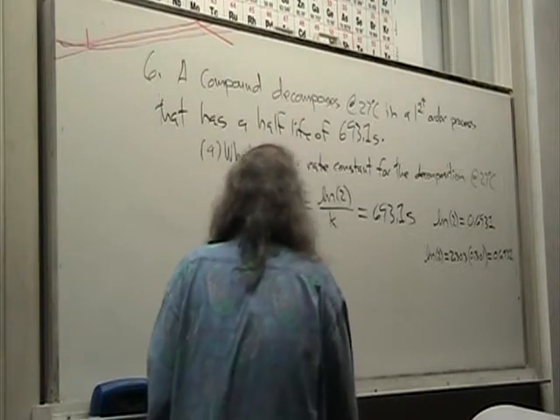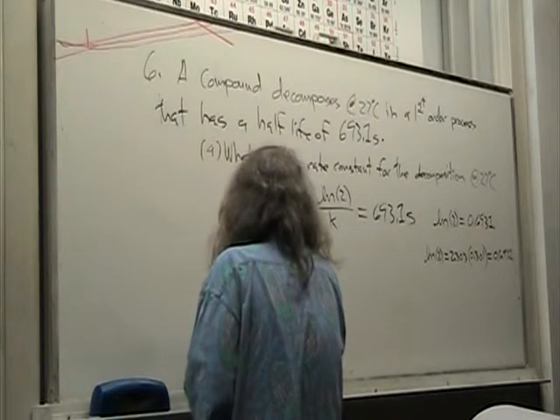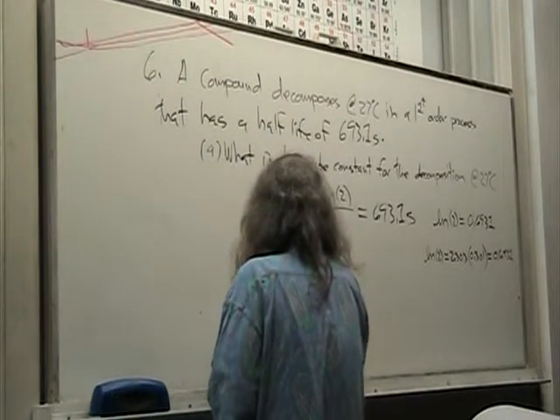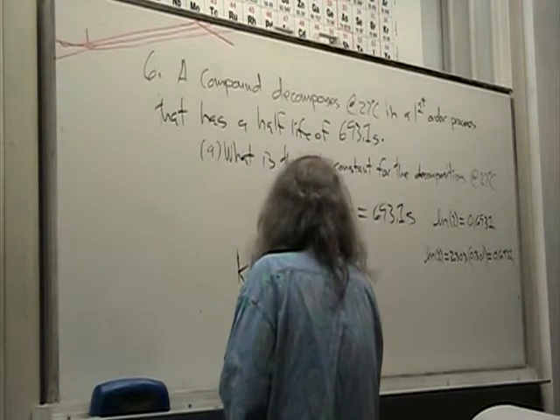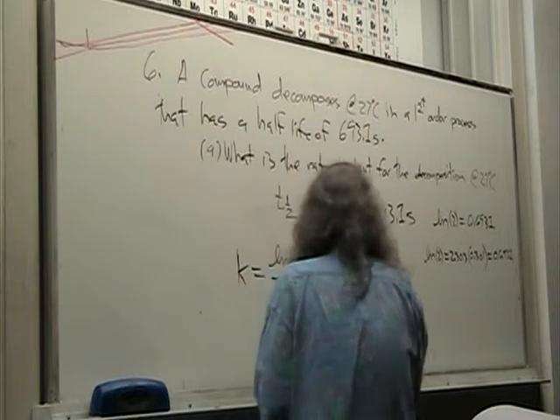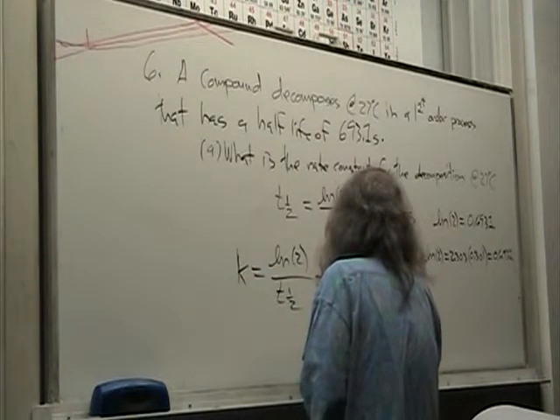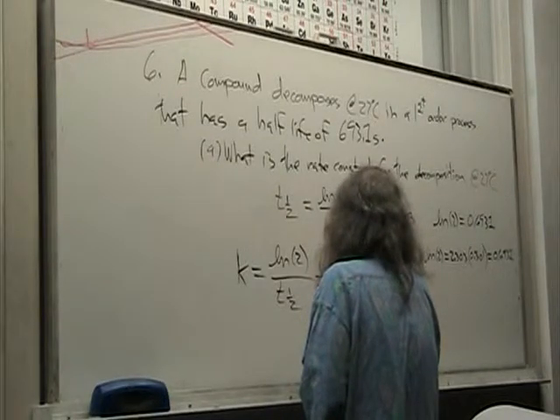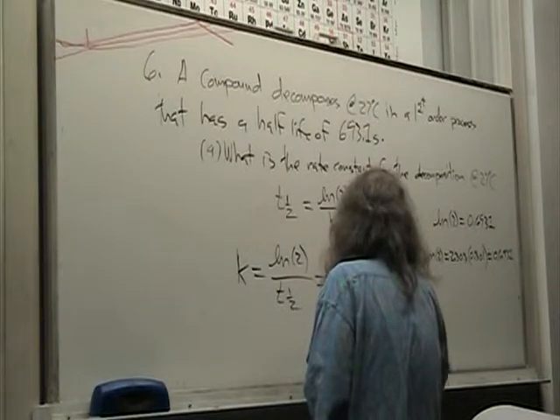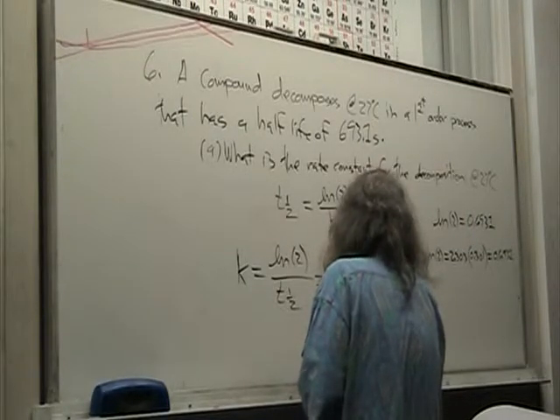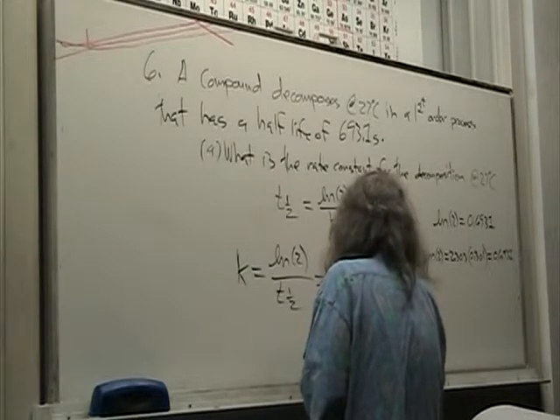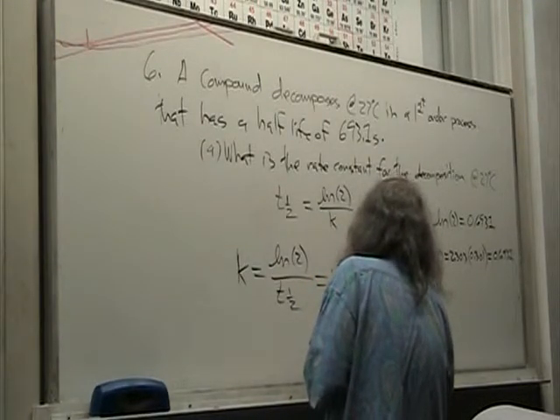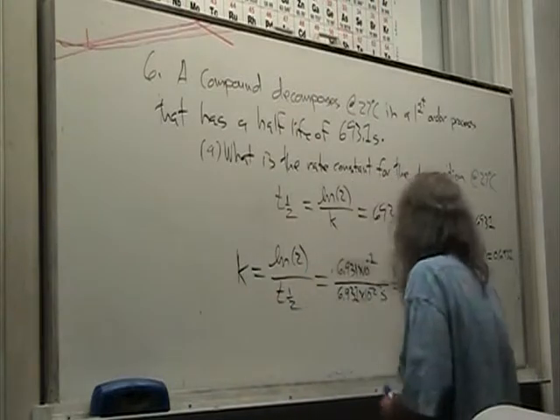And now I want to know the rate constant K, which is equal to the natural log of 2 divided by t 1/2, which is equal to 0.6931 divided by, let's rewrite that, 6.931 times 10 to the minus 1 divided by 6.931 times 10 to the minus 2, and include the unit seconds.